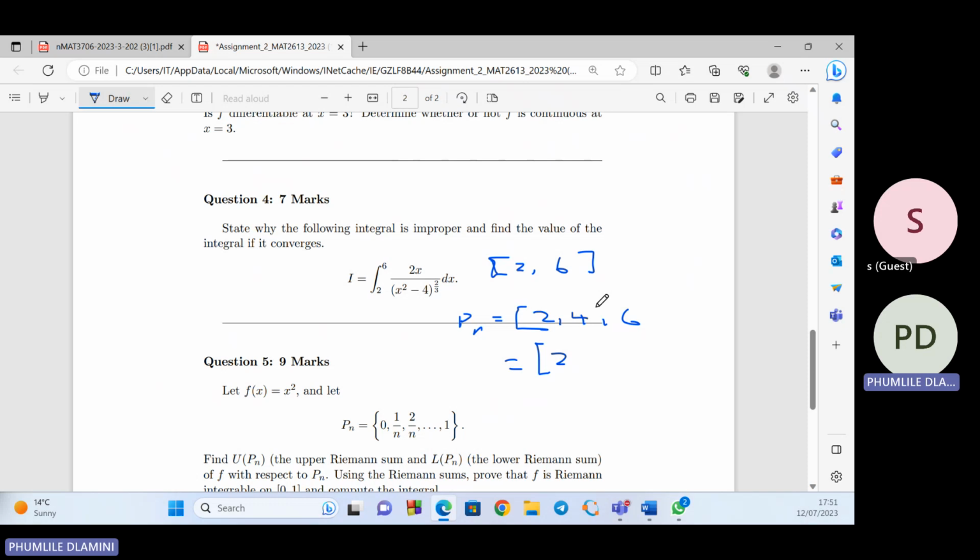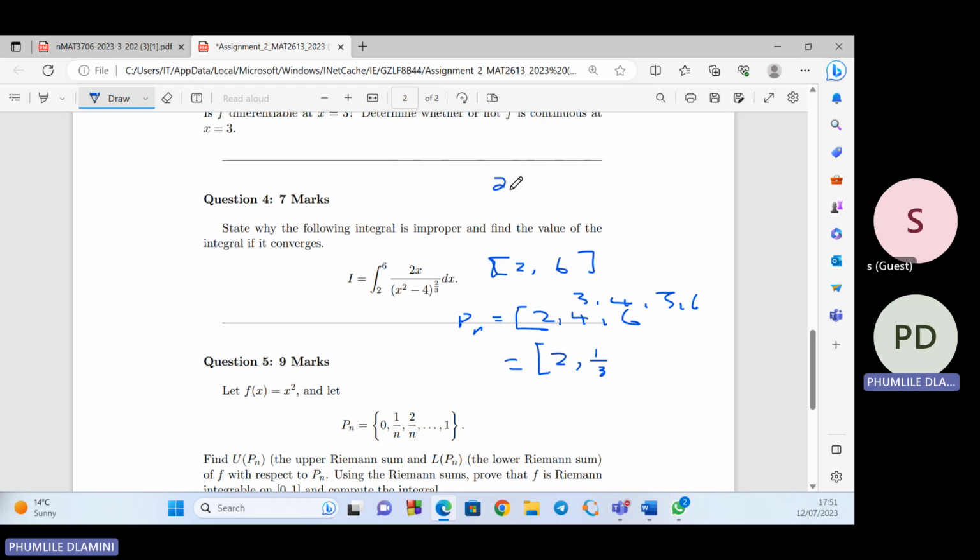We can say 2, 3, 4, 5, and 6, so we can write this as 2, then 1 over n. We want to find a way to divide it. I think when we divide it, we have to divide it by 2.